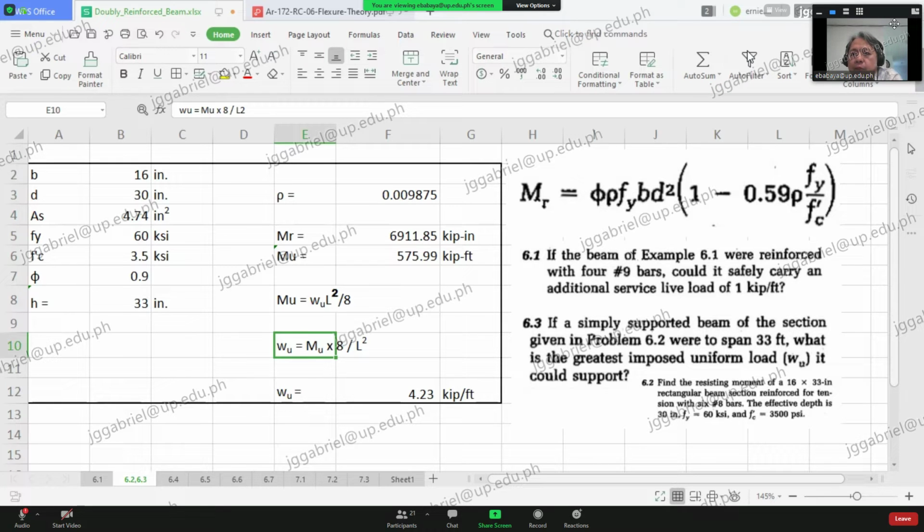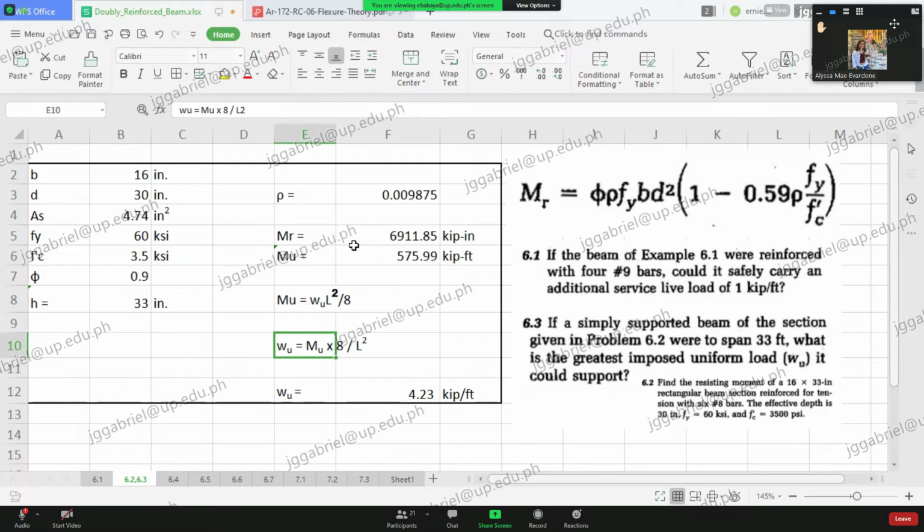Okay, any questions so far? Question? Okay, Eliza. Sir, to clarify, WU is for distributed load, right? But for a concentrated load, it's letter P. Yes, correct. Technically, both refer to load.